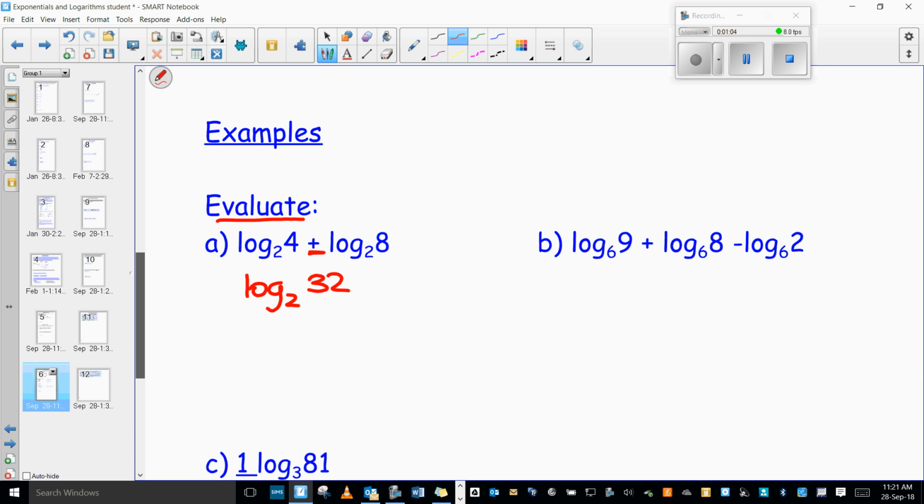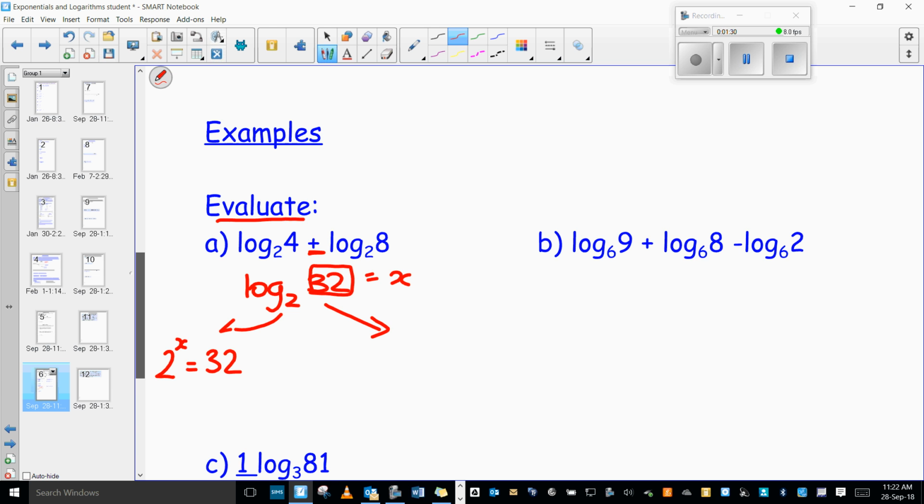Now you've got two different choices here, both of which end up with the same result. You can either, as we did the other day, call that x and rewrite as a power statement, so 2 to the power something equals 32. Or you can say, well, I know that 32 is actually a power of 2.